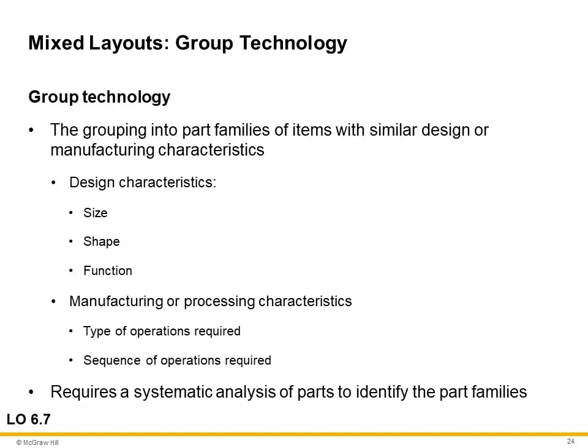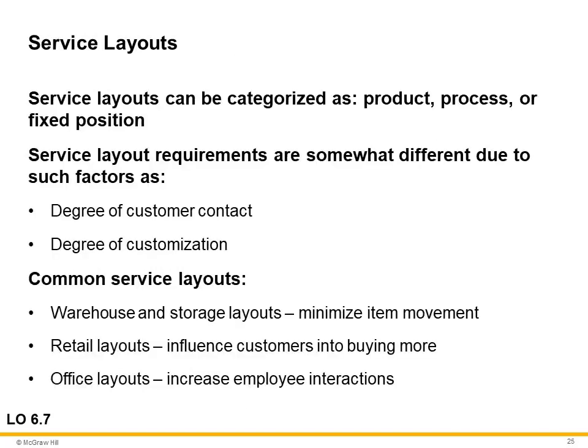In group technology, you are grouping a bunch of similar activities together in a group for processing raw material. It depends on which characteristic you use for grouping. It depends on your product, your business, your technology. As an example, some use size, shape, or function for grouping the activities.